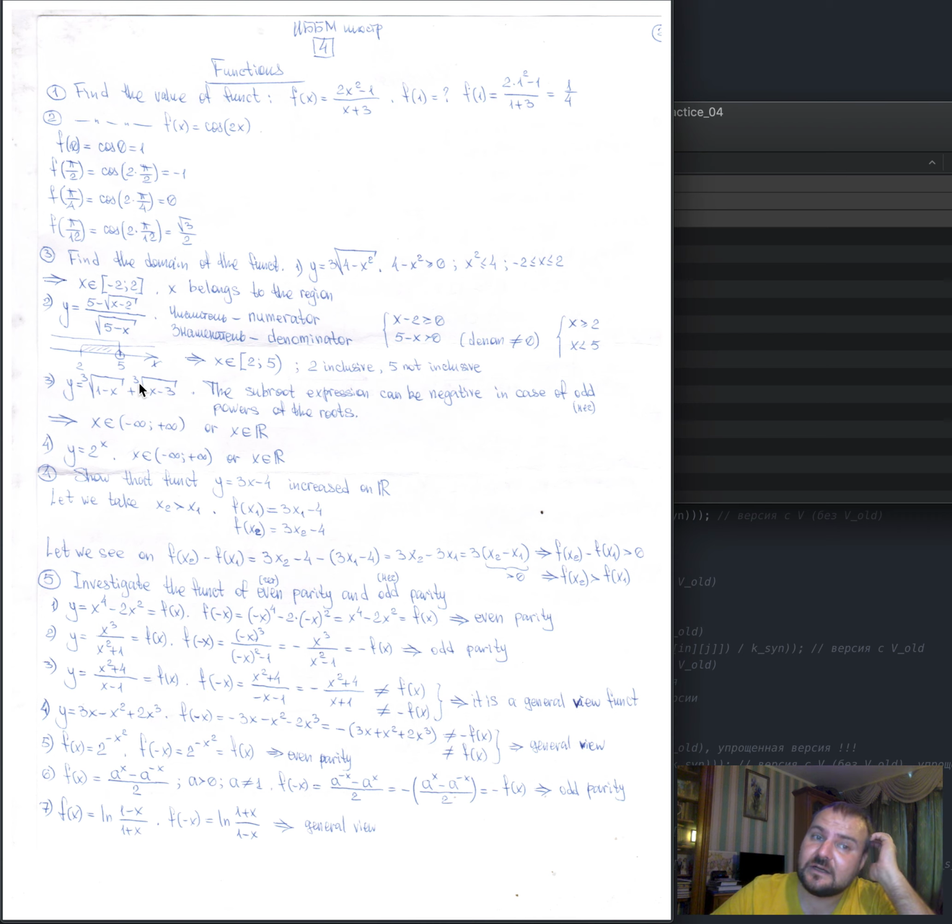It is an odd power of the root, and for this in the lecture there was a rule. If the power of the root is odd, x can take any value from minus infinity to plus infinity, or from the real number set.